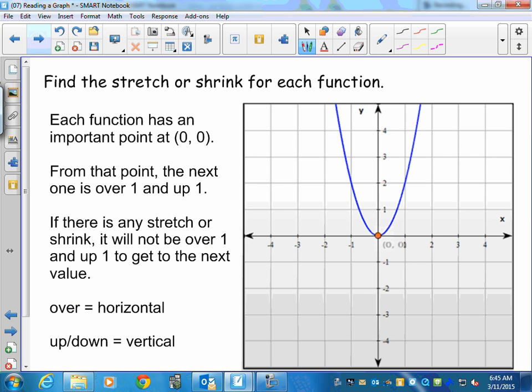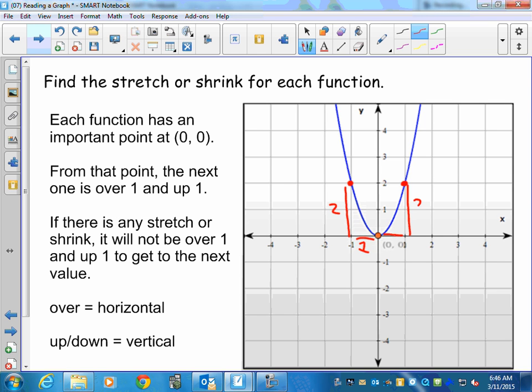Now from that center point, every graph should have an over 1, up 1 point. So if we start counting to our next perfect value, in this situation, the next perfect points on the graph are here. We notice based on that count, it's over 1, but it's up 2.